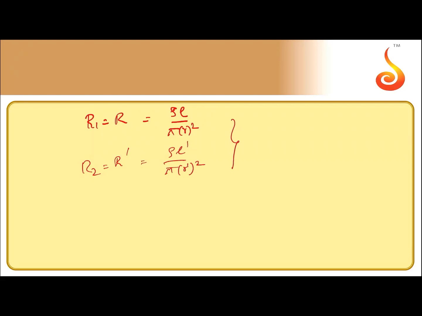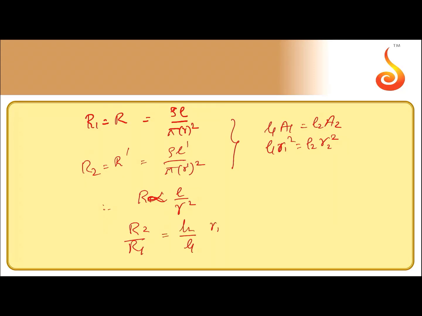Because volume remains constant, we can write L1 A1 is equal to L2 A2. L1 R1 square is equal to L2 R2 square, that is pi R square. So we can write resistance R is directly proportional to L and inversely proportional to R square. Or we can write resistance R2 divided by resistance R1 is equal to L2 by L1 into R1 square divided by R2 square.